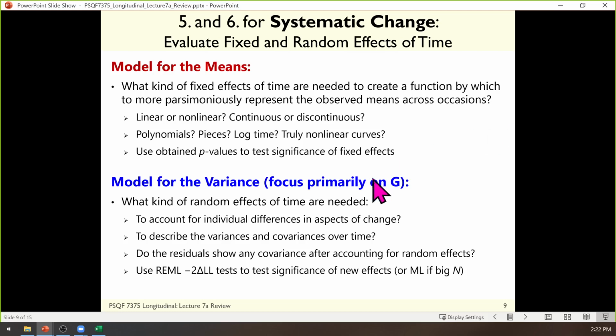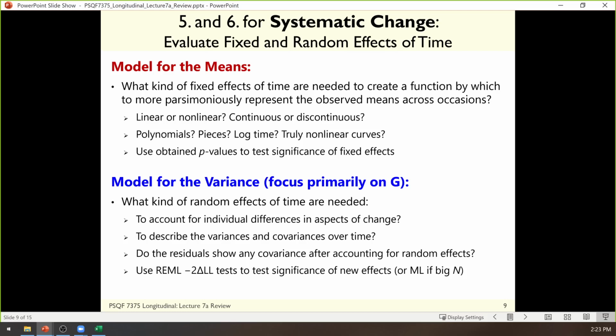The part that is new this semester, the part that is incremental relative to general linear models, is the focus on the model for the variance. The idea of what else you need besides a single E residual that is supposed to have constant variance and no covariance. What else is in there? Conceptually, I think the easiest way to think about it is: which aspects of your overall mean trajectory do people need their own of?